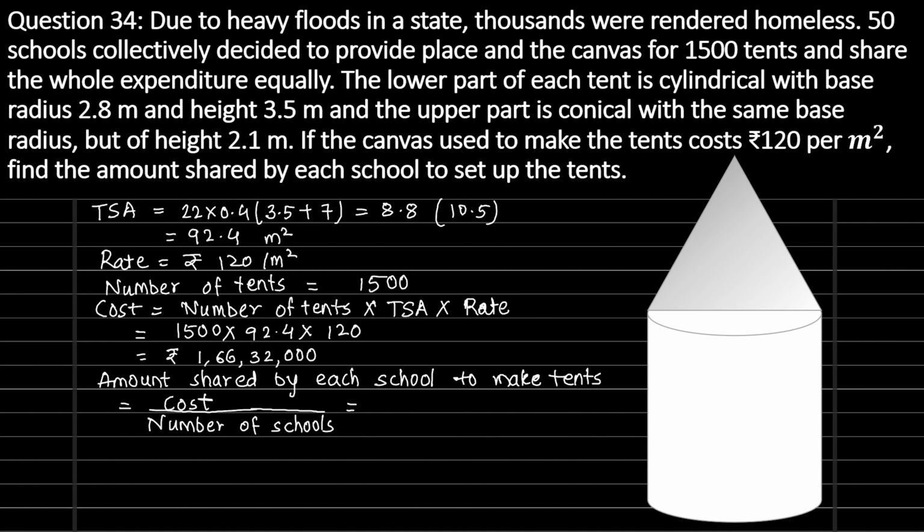Now look here, how much is cost? Cost is rupees 1 crore 66 lakh 32,000. Dividing it with 50, we are going to get amount shared by each school would be rupees 3,32,640. So this is our final answer.